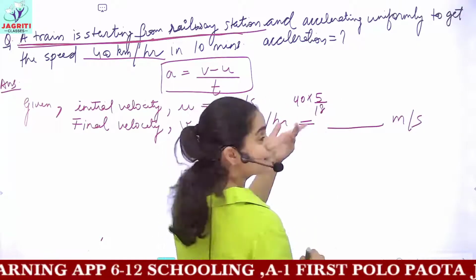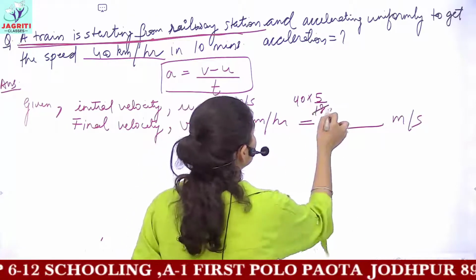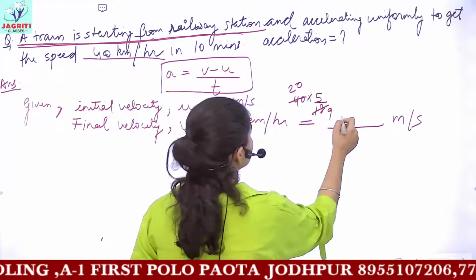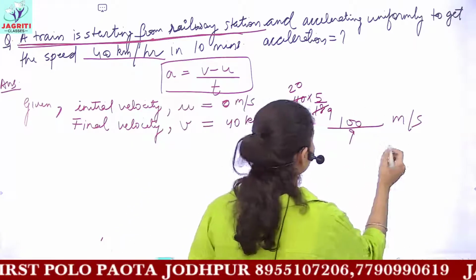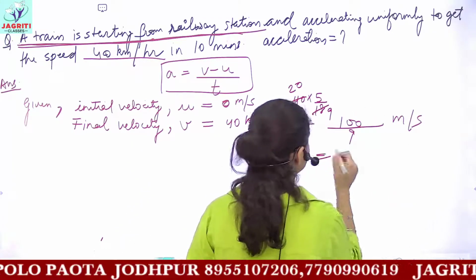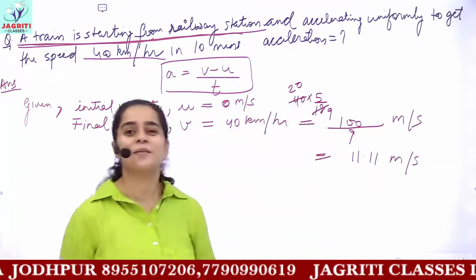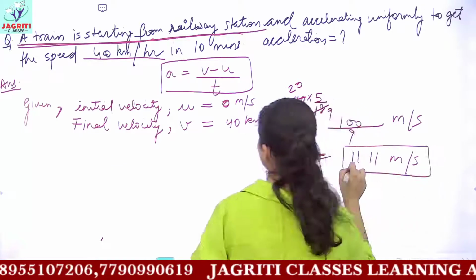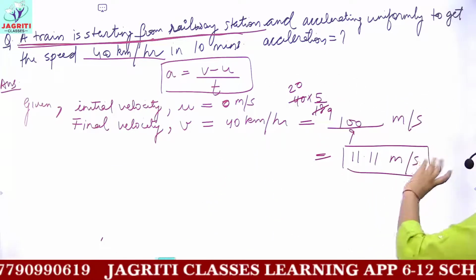You can do the simple calculation: both terms are divisible by 2, 2 nines and 2 twenties, then you get 500 by 9, and if you approximately divide it, it would be 11.11 meter per second approximately. So this would be the conversion for 40 kilometers per hour into meter per second, that is the SI unit.